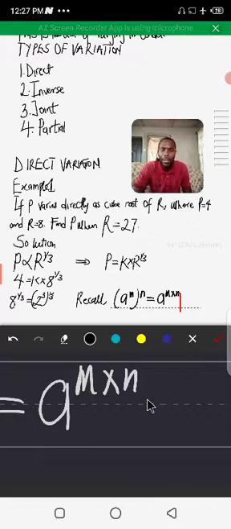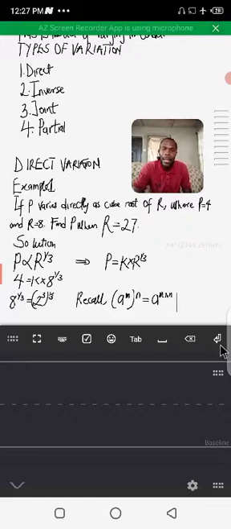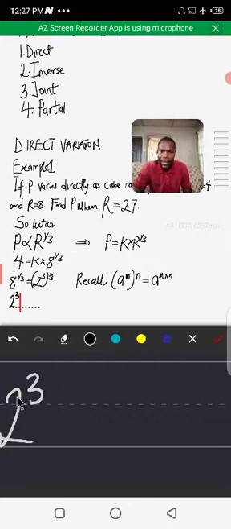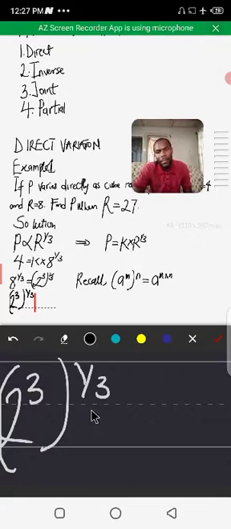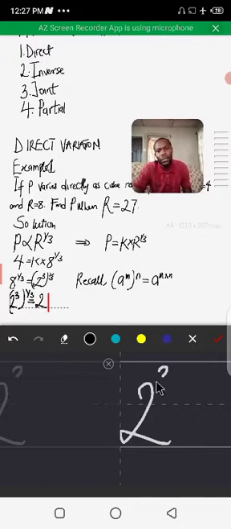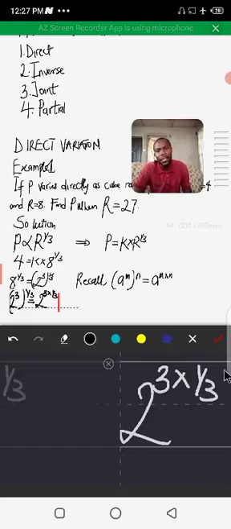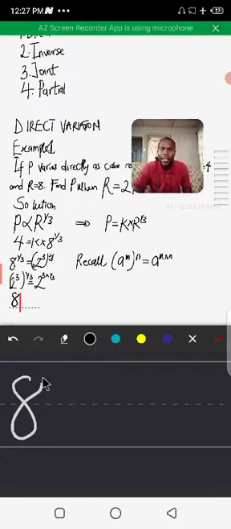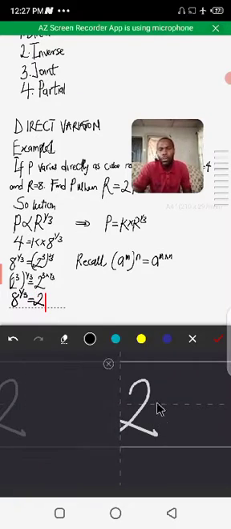So 2 raised to power 3, raised to power 1 over 3, can be written as 2 to the power 3 times 1 over 3. Therefore, 8 raised to power 1 over 3 will give you 2.